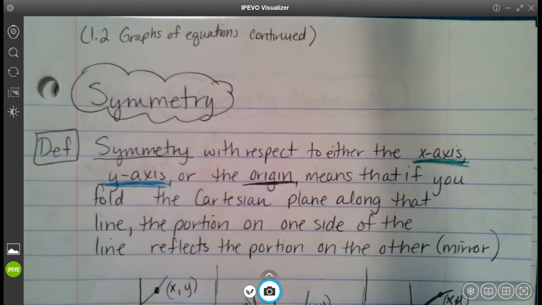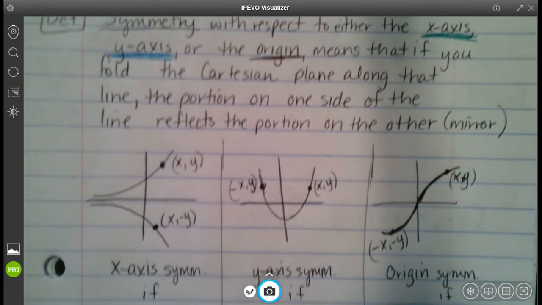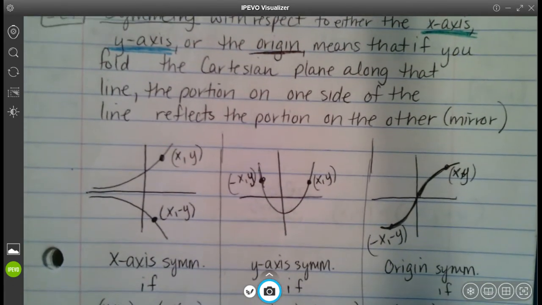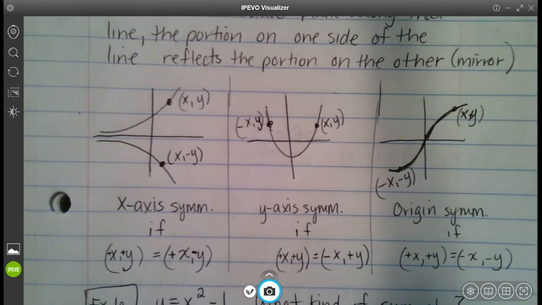So if you fold along any of those three items, one of them at a time, you will have a reflection of one side the same as the one on the other. So kind of like a mirror image. So here we have the three cases. Okay, and I'm going to move it up just a little bit right there. Go ahead and copy that down as well.